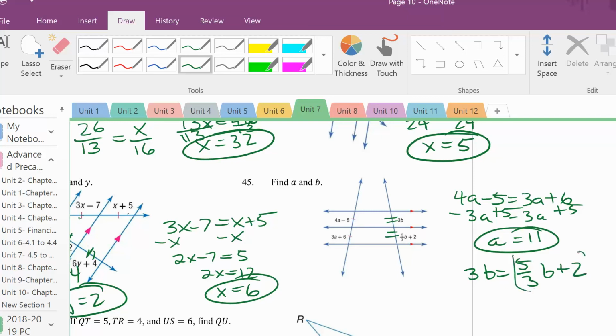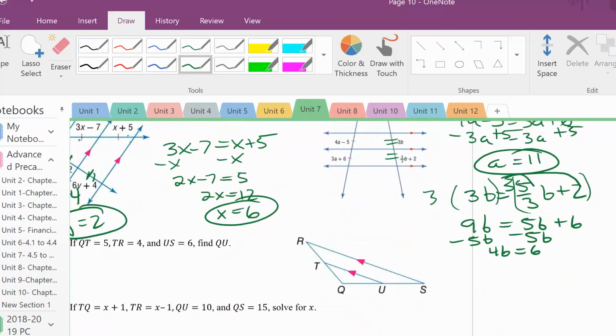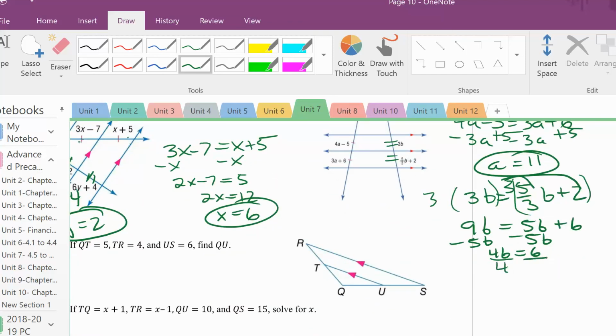So you multiply everything by 3. So you get 9b is equal to 5b plus 6, because you multiply here and there. Subtract 5b. So 4b is equal to 6. Divide by 4, and b is equal to 3/2. So a is 11, b is 3/2.